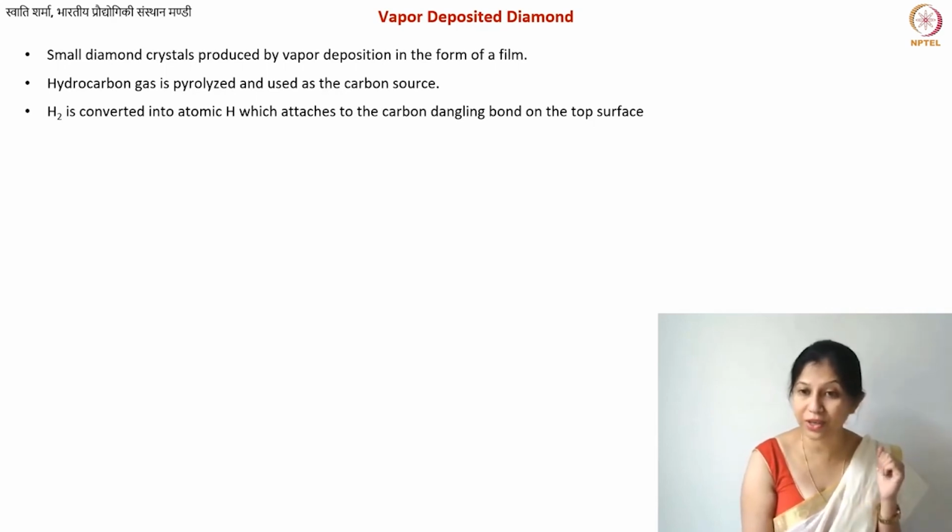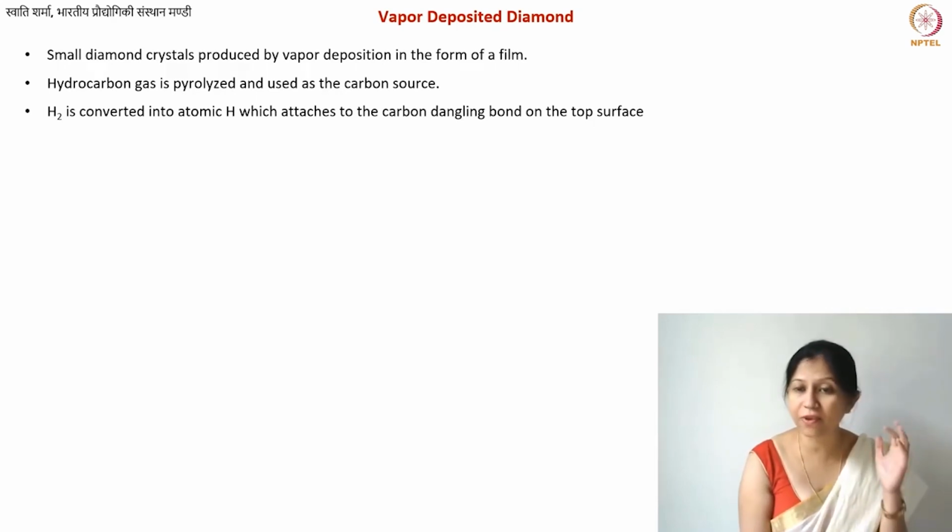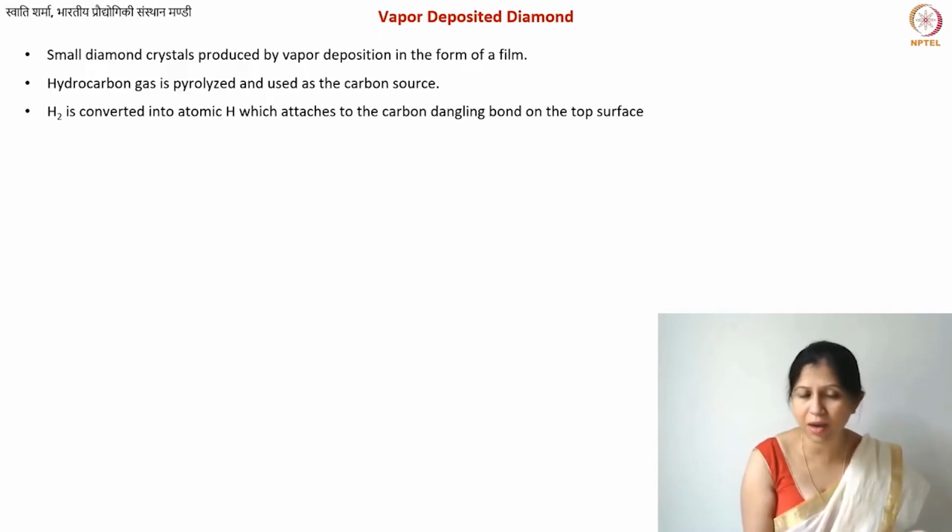That is the most important question when we are performing pyrolysis of a hydrocarbon, or even if we are using any other carbon source. Even if you're performing physical vapor deposition, PVD, or chemical vapor deposition, ultimately you're getting some carbon species which are active and which get deposited onto a substrate.